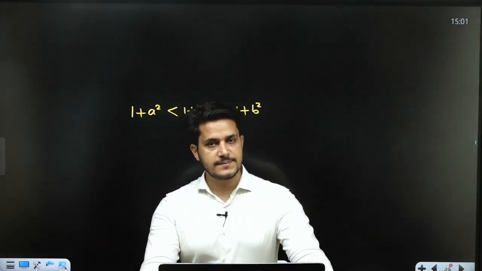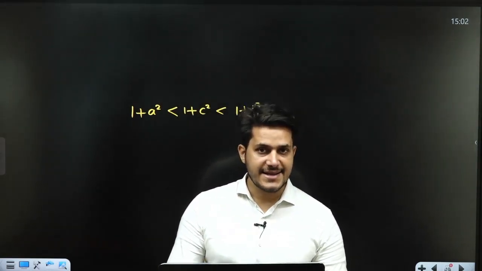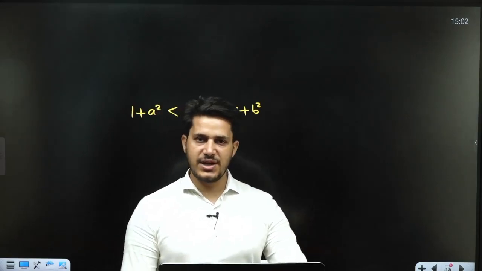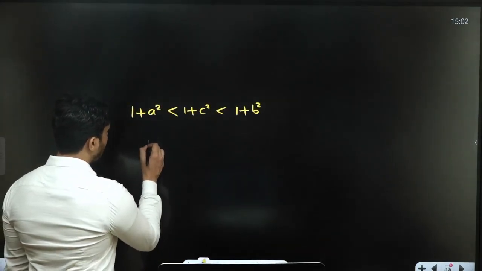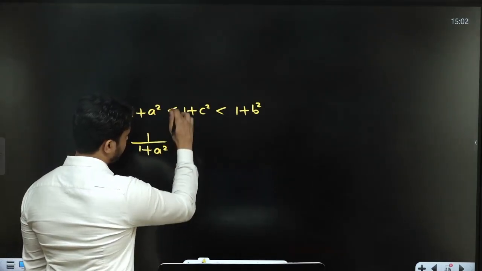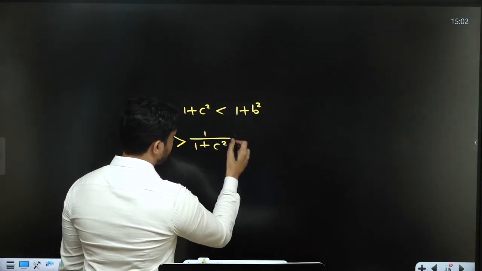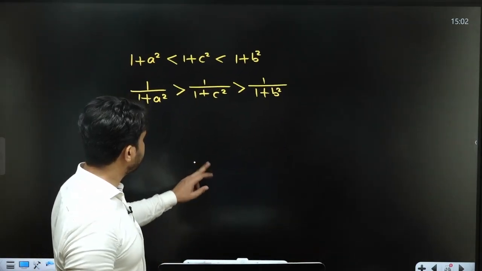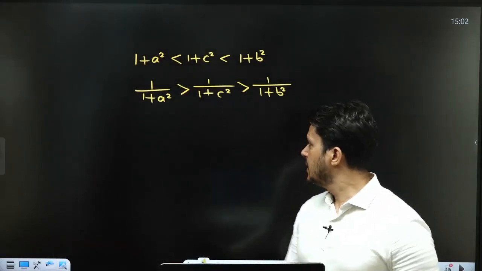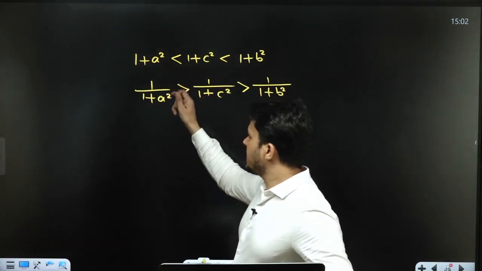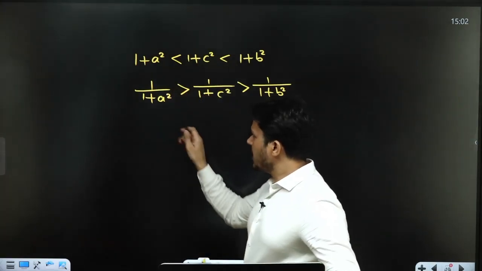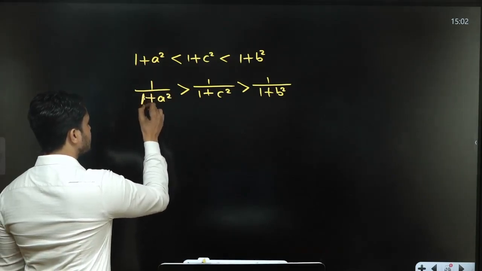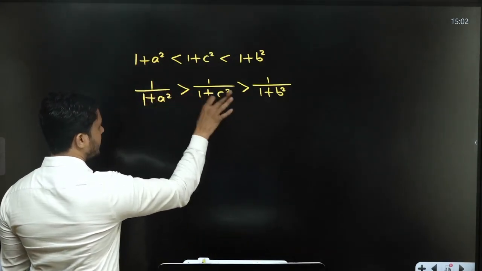If you multiply by minus 1, then the inequality will be reversed, and second, if you take the reciprocal of the given statement, then also the inequality will change. So in this way 1 upon 1 plus a square will be greater than 1 upon 1 plus c square, which will be greater than 1 upon 1 plus b square. ओके, देख रहे हैं आप क्या हुआ है? रिवर्स होकर इनइक्वालिटी चेंज हो जाएगी.